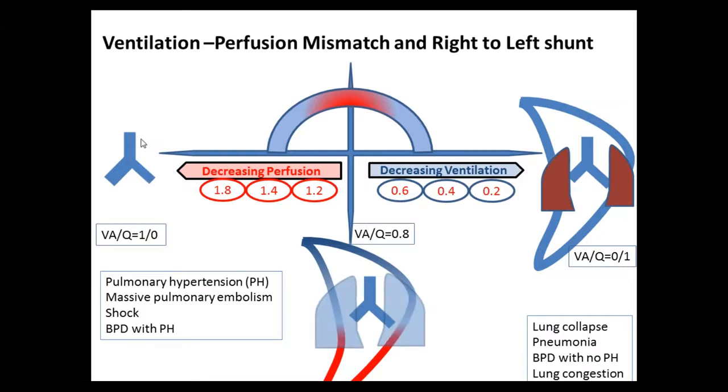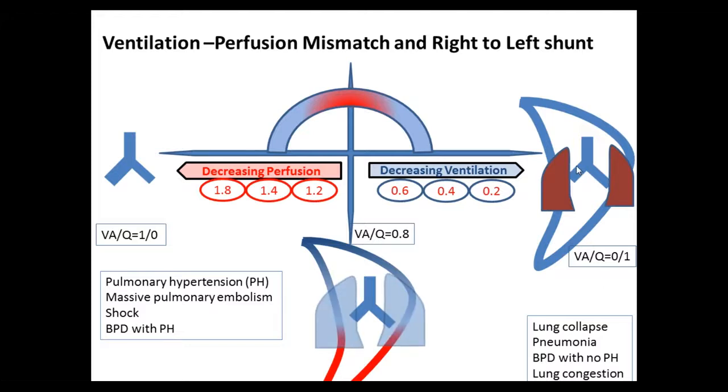Dead space is when you have air passing through the air passages and the alveoli, and there is no blood flow around. The conditions like this, if you have pulmonary hypertension with vasoconstriction of pulmonary blood arterioles, massive pulmonary embolism, shock, chronic lung disease with significant pulmonary hypertension.